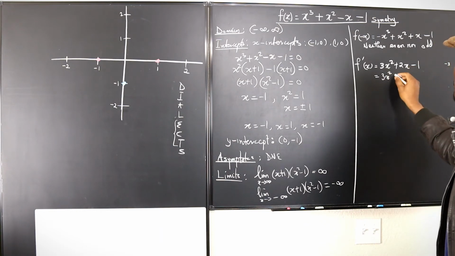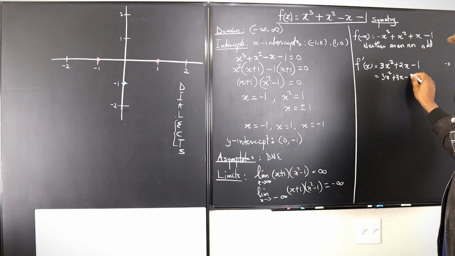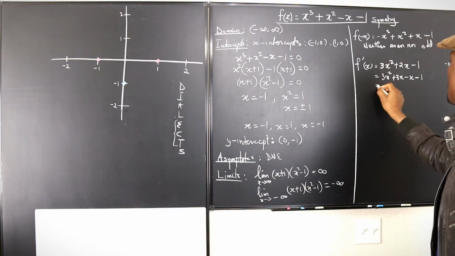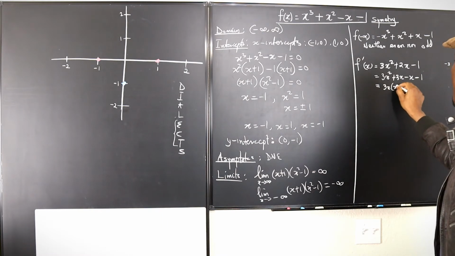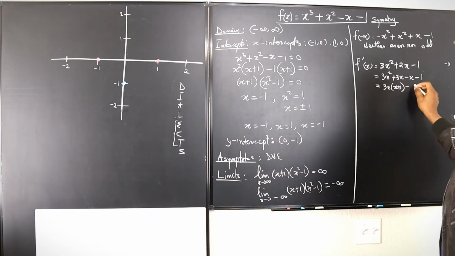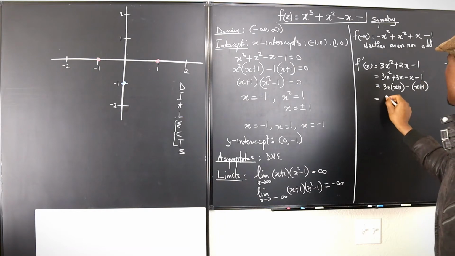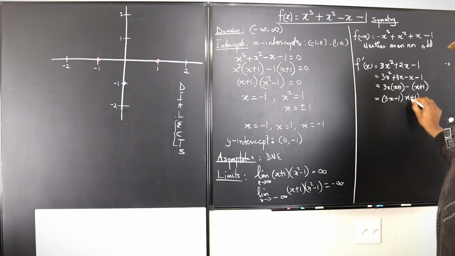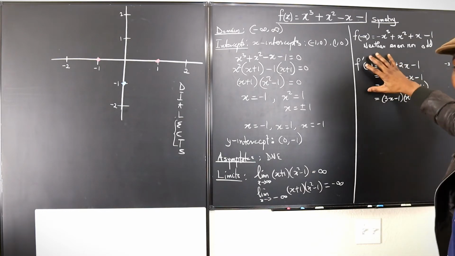I'm going to change this to plus 3x minus x minus 1. Okay, and this is going to be equal to 3x into x plus 1 minus x plus 1. So this factors into 3x minus 1 and then x plus 1. Okay, so we've been able to factor this.